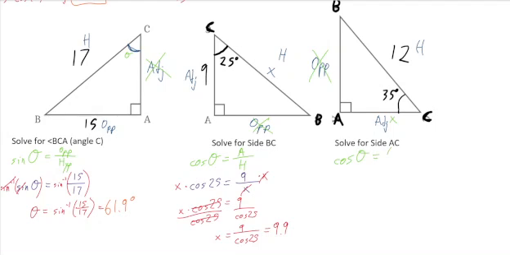Okay, so cos of the angle equals adjacent over hypotenuse. So cos of 35 equals adjacent over 12.